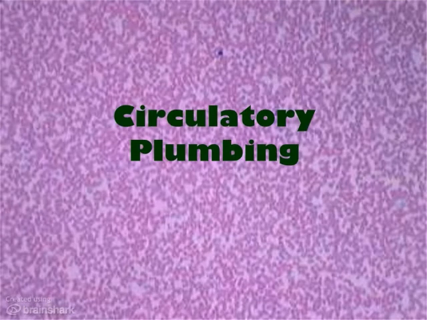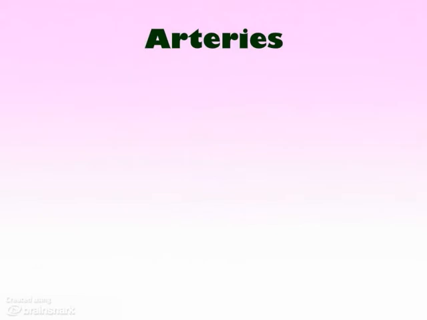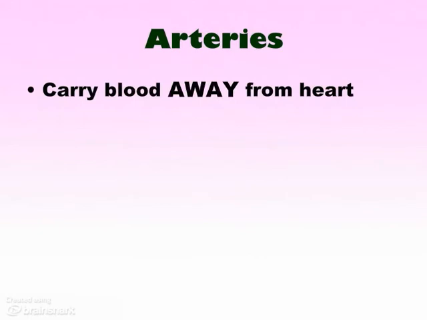Well, if it's the tubes that make the difference, we should take a couple moments to look at these blood vessels. These are the tubes that carry blood. Blood vessels are defined by their direction of blood flow relative to the heart. So arteries take blood away from the heart to body tissues. So arteries, away.